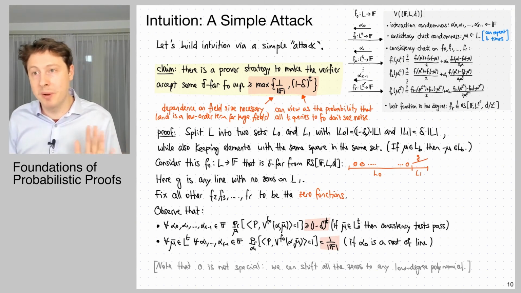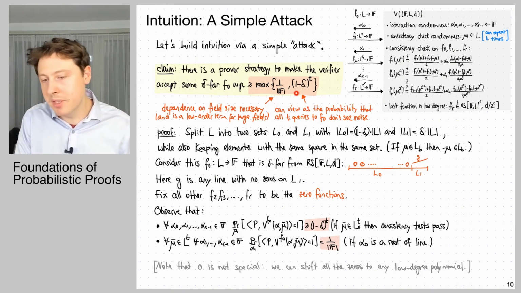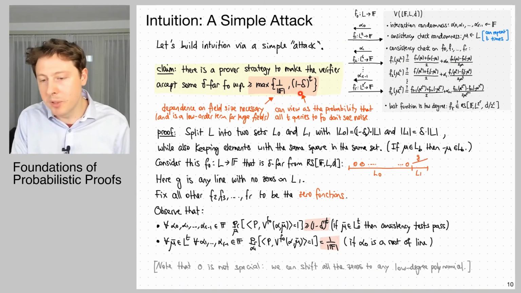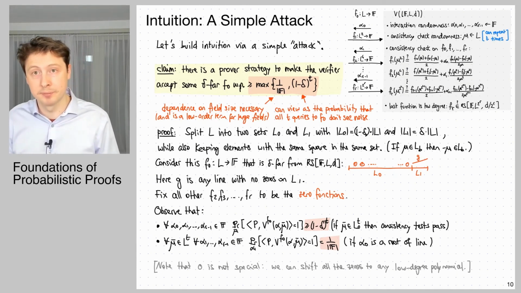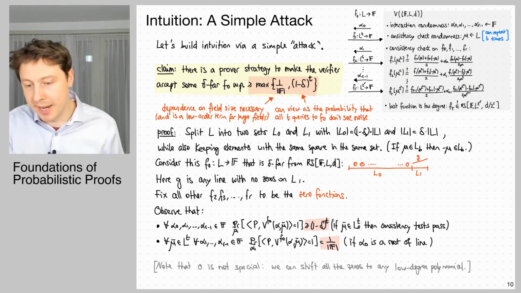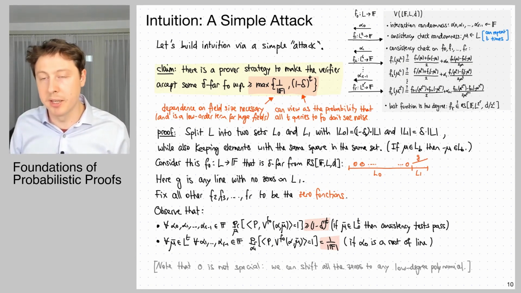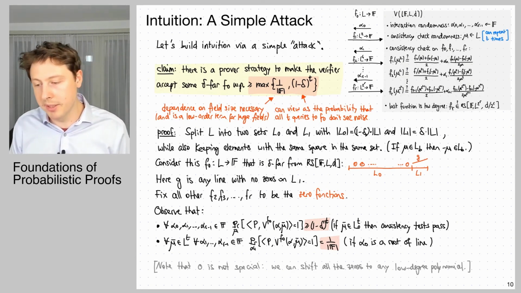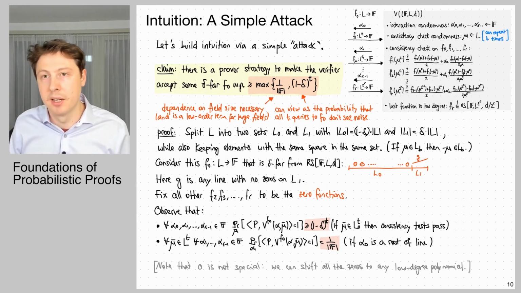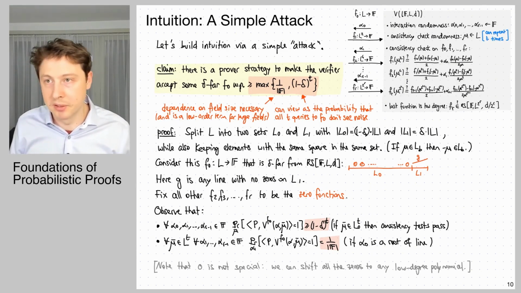There's going to have to be some dependence on the field size, and there's going to be some term that cannot be smaller than (1 minus delta) to the t, okay? Because again, (1 minus delta) to the t is the probability that we don't see any noise at the beginning. And 1 over the field size is the probability that we start with the noise and there's a chance that the noise becomes consistent, okay?